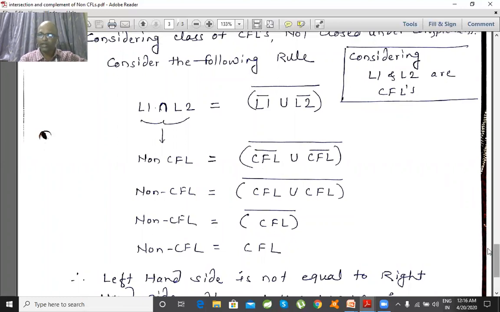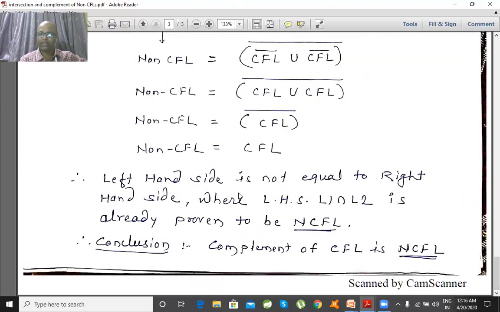So what we conclude is that the left hand side is not equal to the right hand side, where the left hand side is the intersection, already proven to be a non-context free language. Conclusion: the complement of context free languages is a non-context free language.